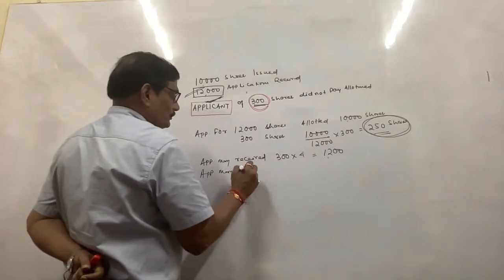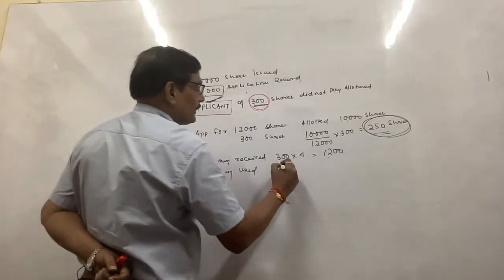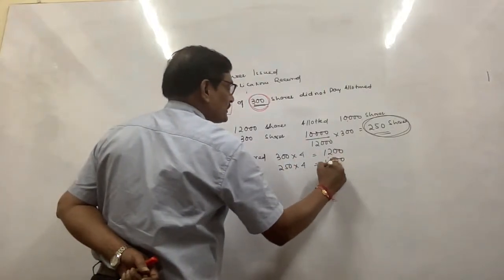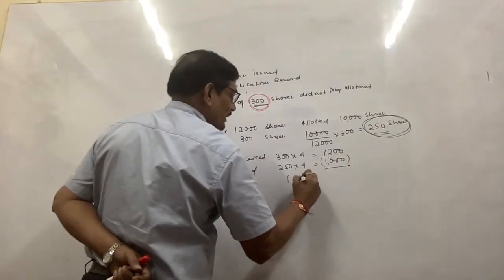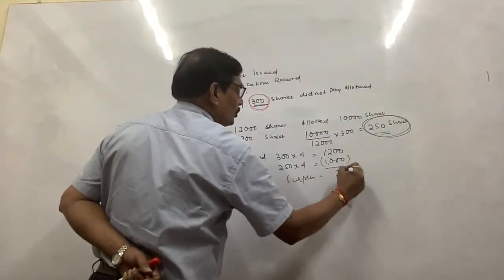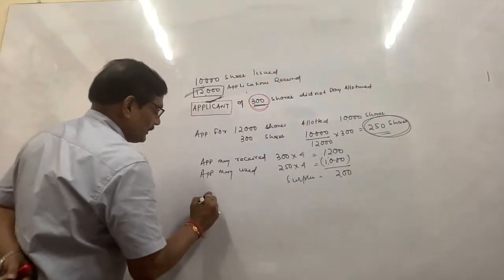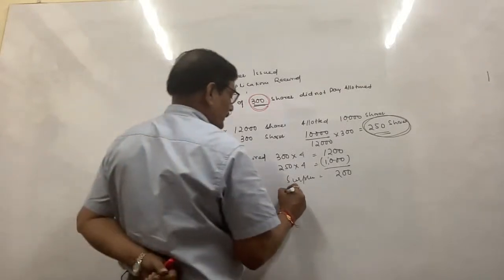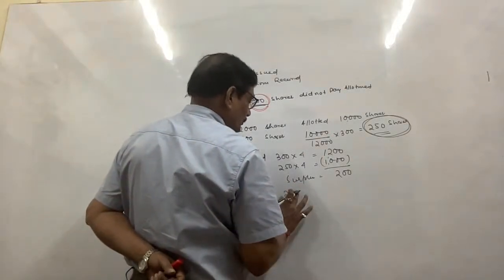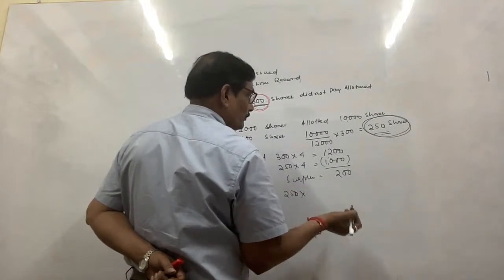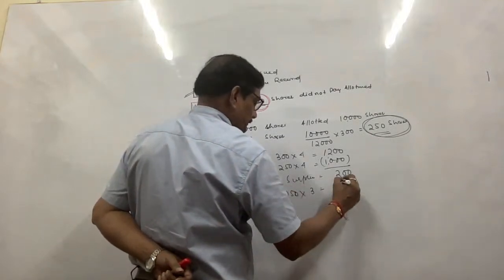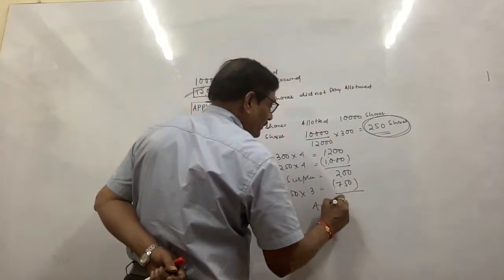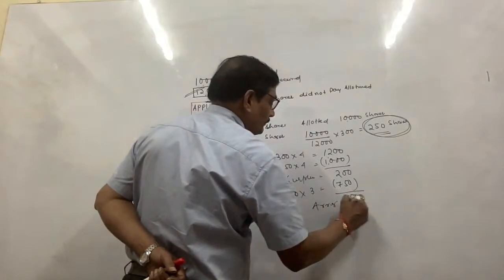Application money used, 250 into 4, 1000 rupees. Surplus is 200. Allotment due, 250 into 3. So the arrear will be 550.